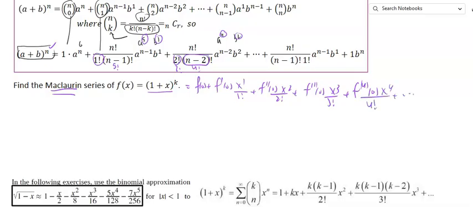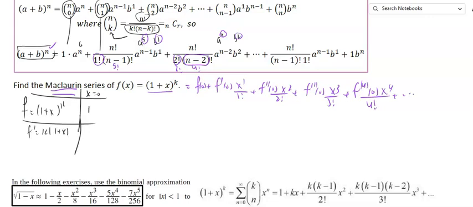And I go on the side, I say, okay, f equal (1 + x) to the k. At x equals 0, that is simply 1. 1 to the k is 1. The derivative is k times (1 + x) to the k minus 1. Let x equal 0, k times 1 raised to a power is k.